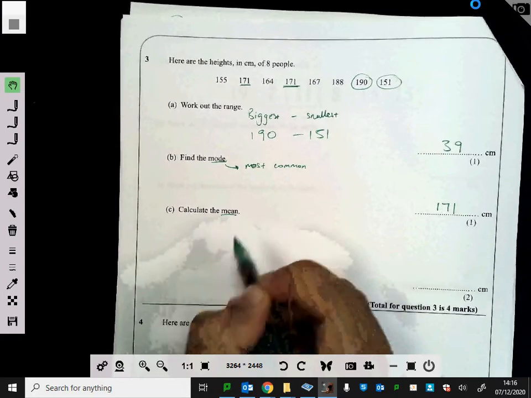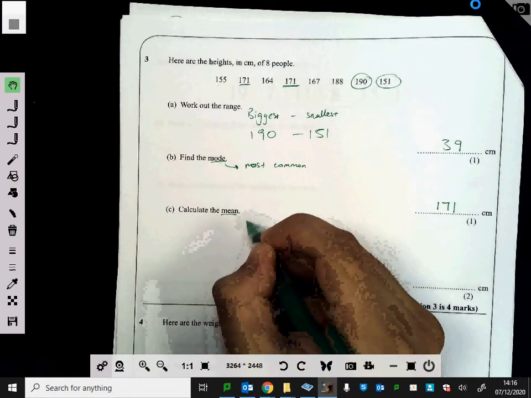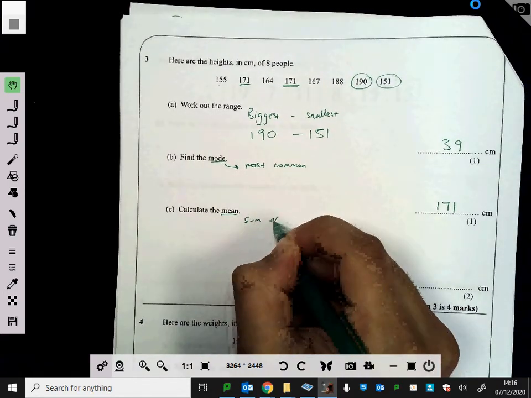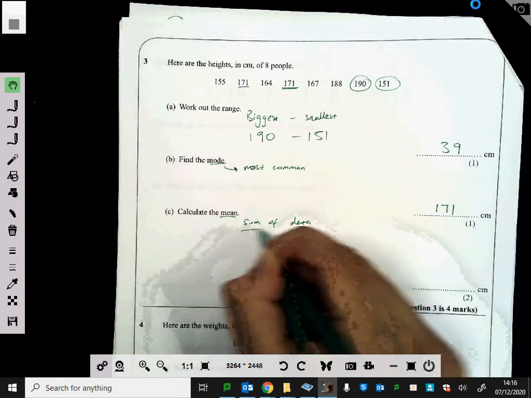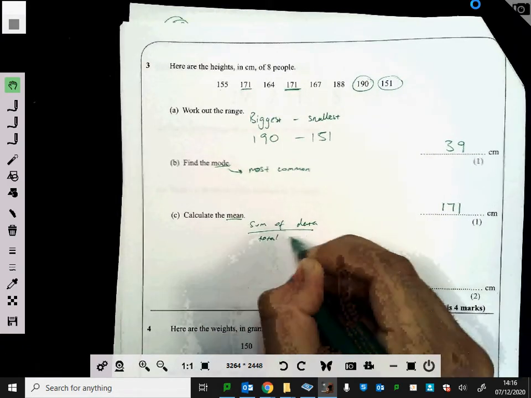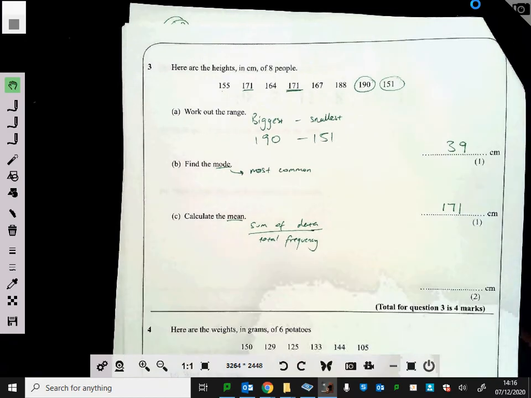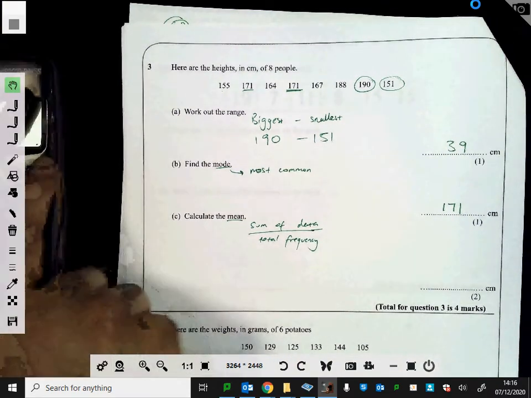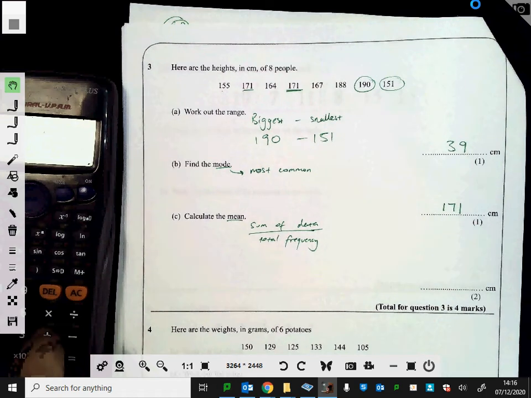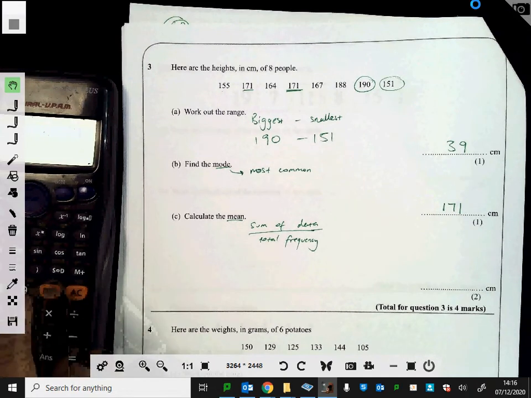Now finally, the mean. To work out the mean, you want to do the sum of data divided by the total frequency, meaning how much data there is, effectively. So I'm going to do the sum of this data, adding up all these numbers together. 155, add 171, add 164, add 167, add 188, add 190, add 151.